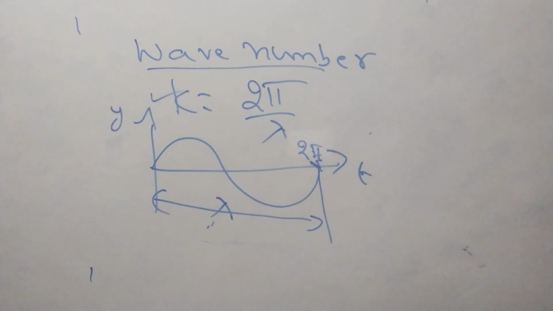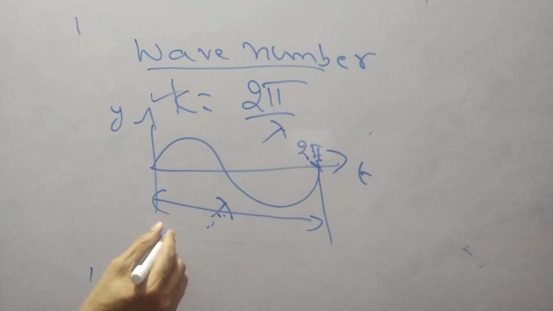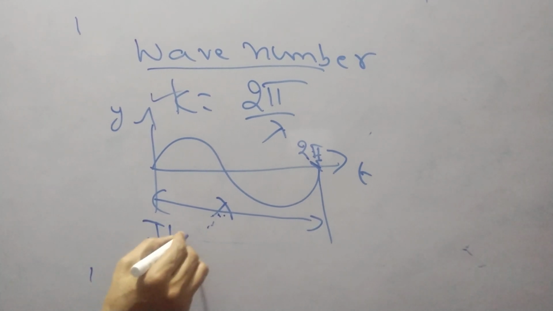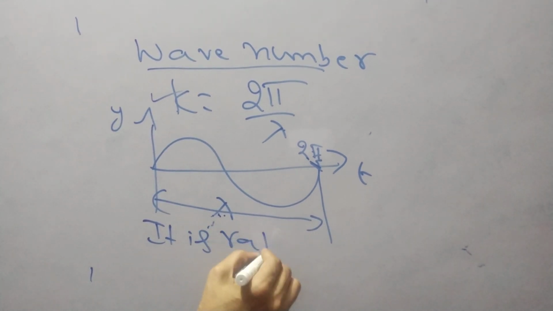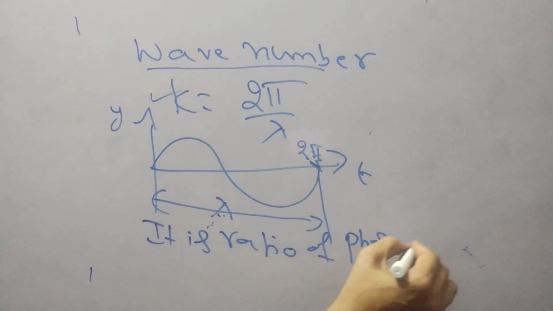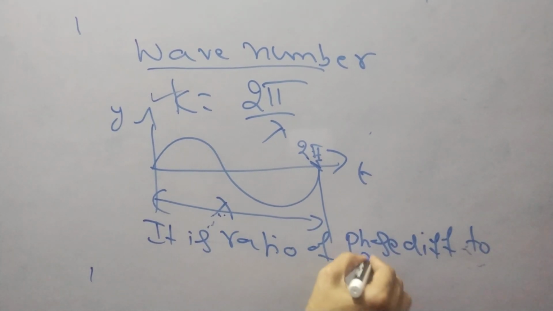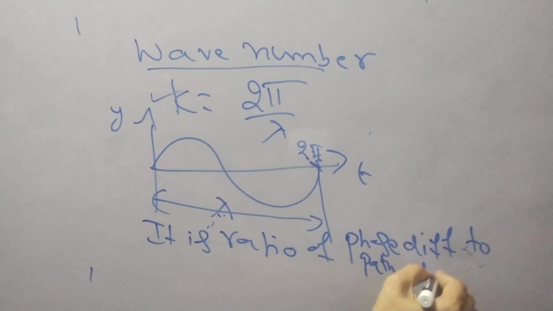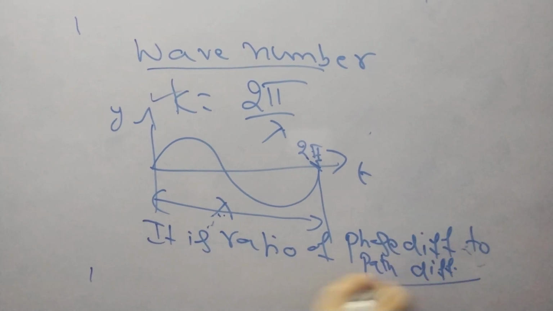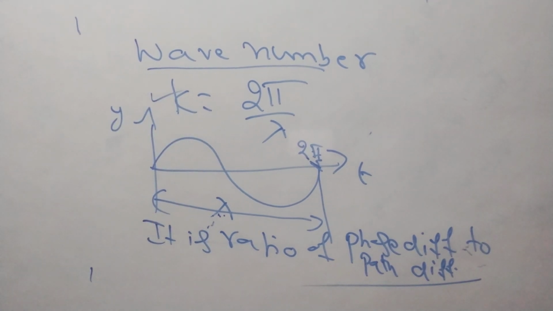So what is the definition? It is the ratio of phase difference to path difference. Lambda is the path difference. So this is the definition of wave number.